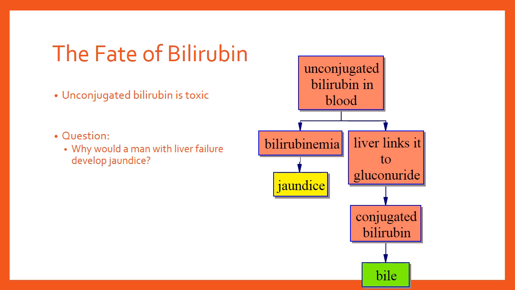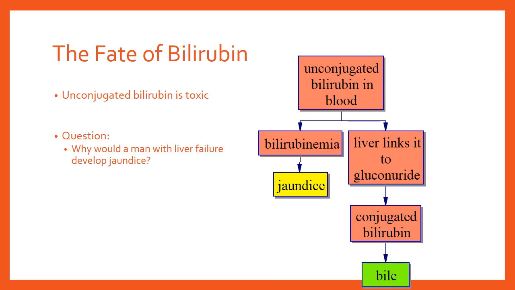Unconjugated bilirubin will be toxic, like I said, so we want to turn it into something that can be used. Too much unconjugated bilirubin will result in jaundice, and with jaundice the patient will turn yellow.